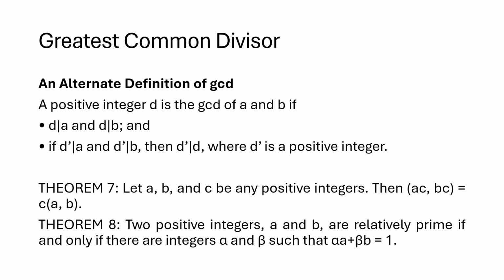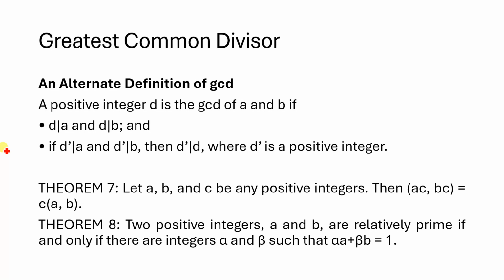Okay, so with this, we could have the seventh theorem in this presentation. Let a and b and c be any positive integers. Then the GCD of AC and BC is equal to C times the GCD of A and B. Okay, so we have another theorem based on this alternate definition of GCD.